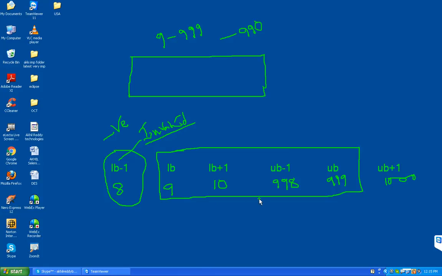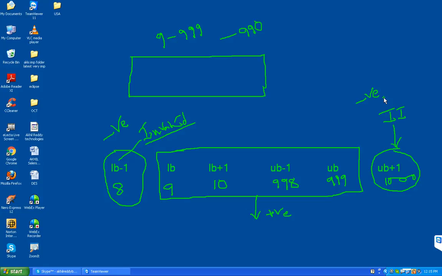Testing with valid inputs is called positive testing. Upper bound plus 1 is also an invalid input. So the first and last are invalid inputs, and testing with them is negative testing.